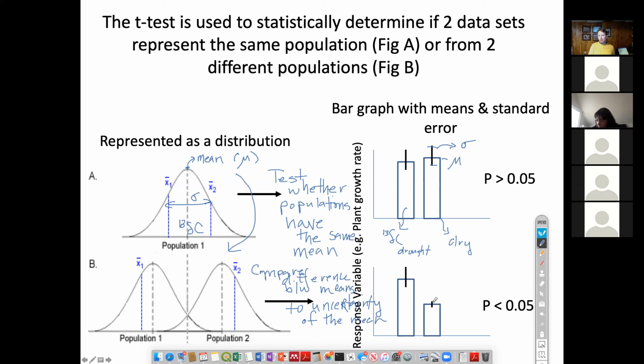They're probably, with 95% confidence or greater, coming from different populations. All right, so that's the nuts and bolts of the t-test. We're comparing two population averages. We compare the difference between those averages to the uncertainty, how well we know that average, and we decide whether they're coming from the same population or different populations.